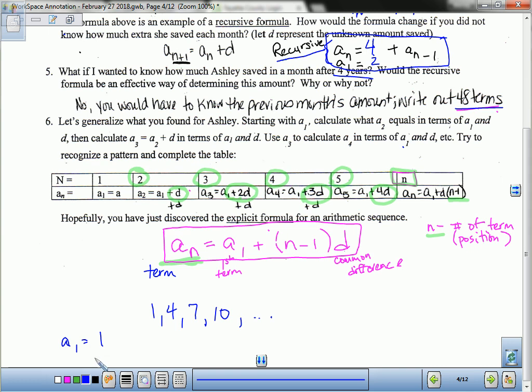Okay? What is the common difference? What is D? 3. Okay? Now, here's another question. What term is in the 4th position? Or what is the 4th term? I could ask it either way. 10. So A sub 4 is 10. The 4th term is 10.